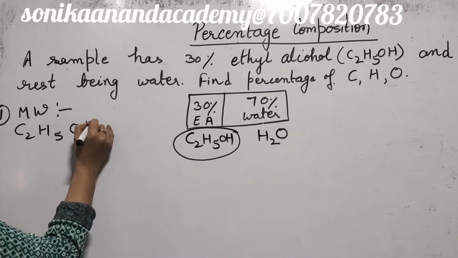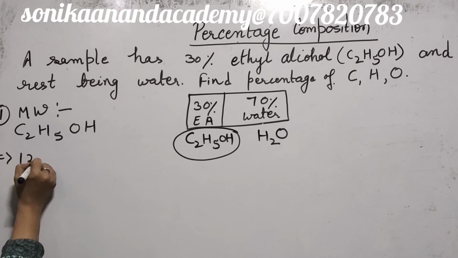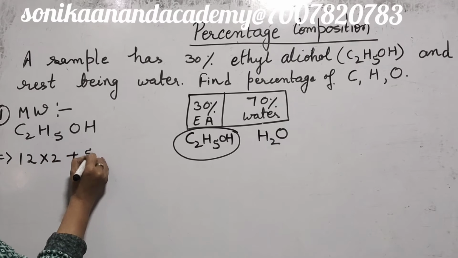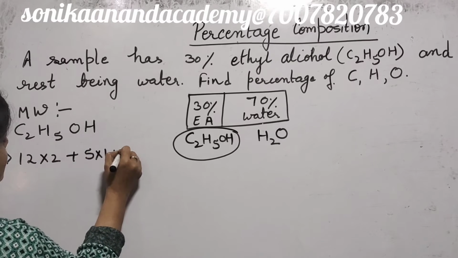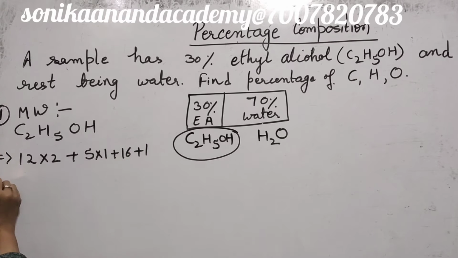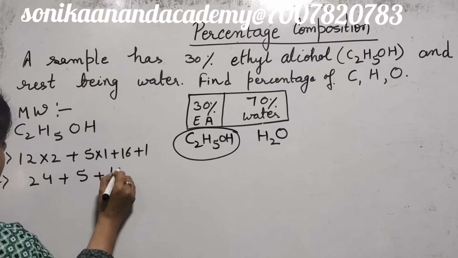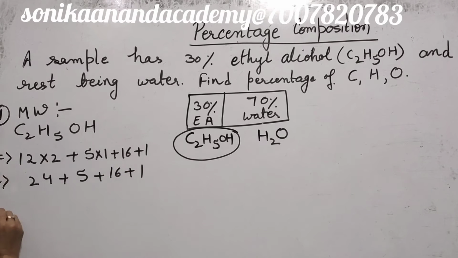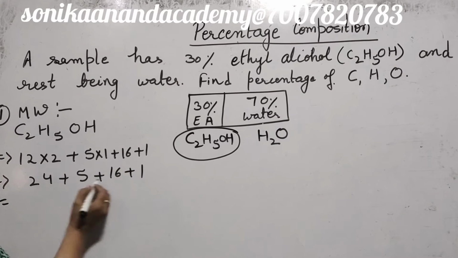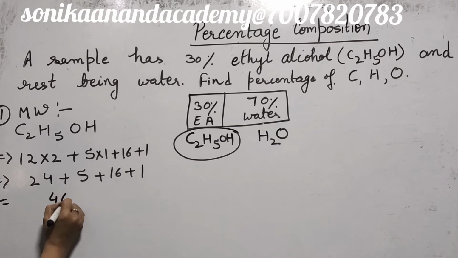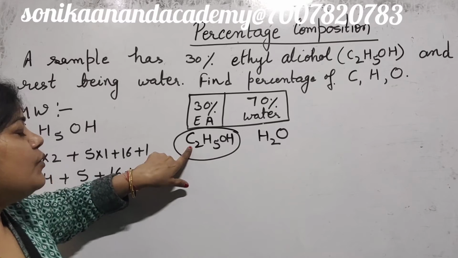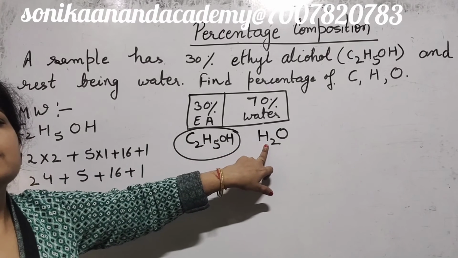I think you know how to find it. 12 into 2 plus 5 into 1 plus 16 plus 1. What we have? 24, 5, 16 plus 1. That is 46. Clear? Now, carbon is present only here, not here.